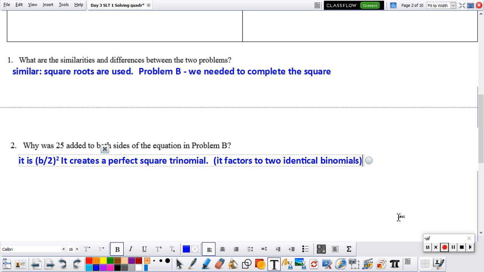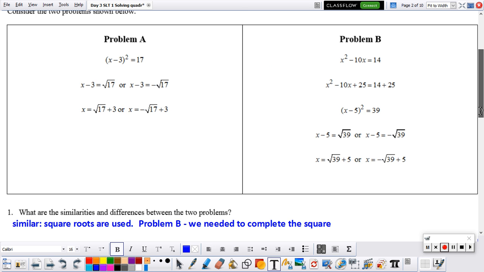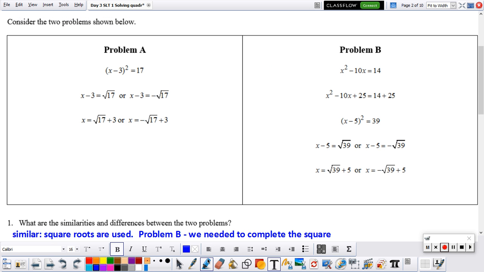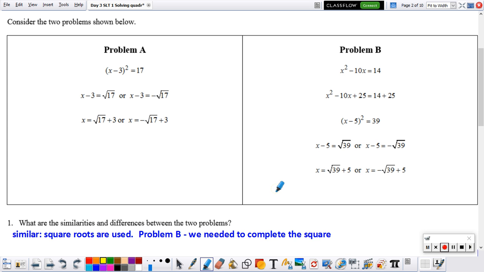So if you look up at problem B, you'll see that 25 was added to both sides. And when that was done, we had x squared minus 10x plus 25. And that's the easiest method of factoring because it's 1x squared.